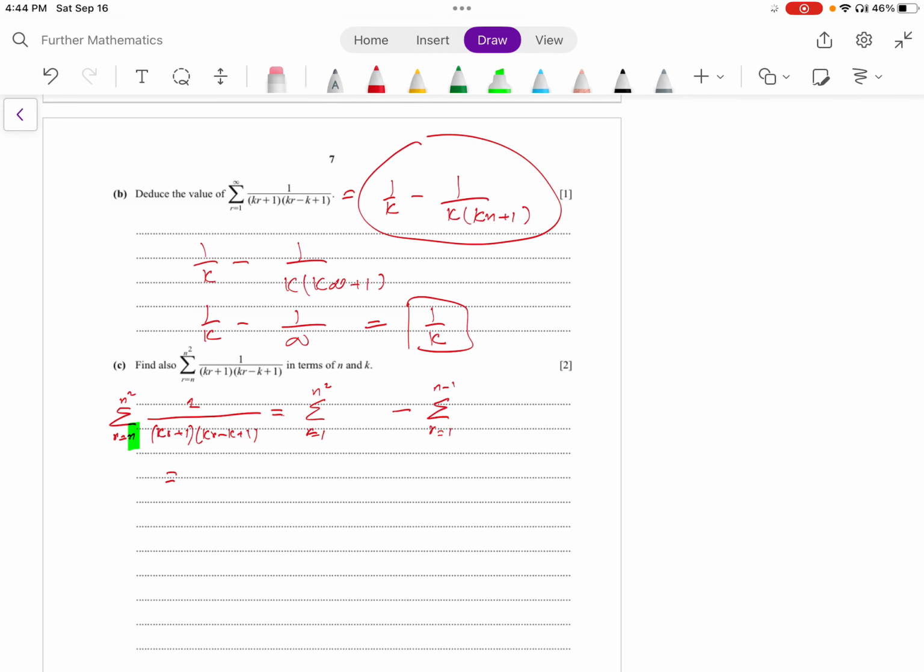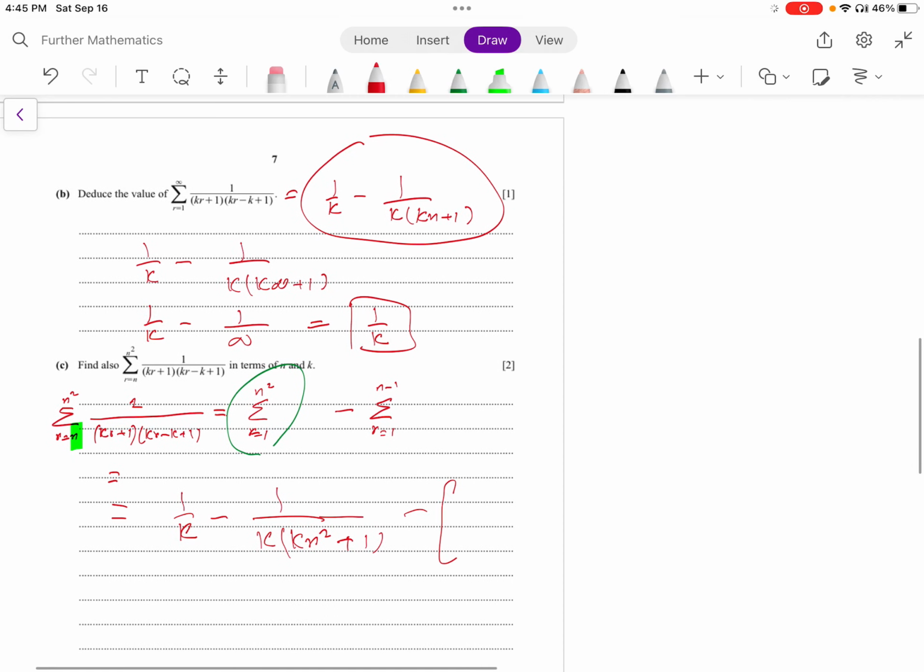For the first sum, we can plug in n equals n squared. It will be 1 over k minus 1 over k times (k n squared plus 1). This is the sum from r equals 1 to n squared, minus the sum from r equals 1 to n minus 1.